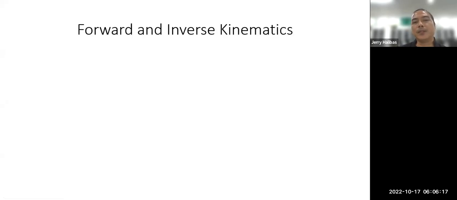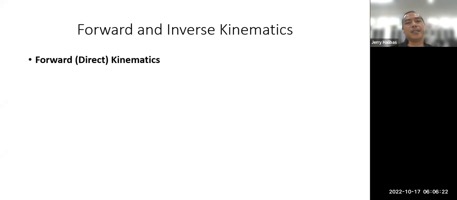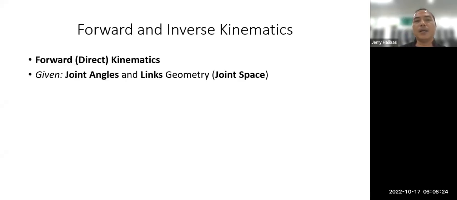So there are two types: forward and inverse kinematics, or direct kinematics. Referring to forward kinematics, given are the joint angles and links, or what is known as the joint space.